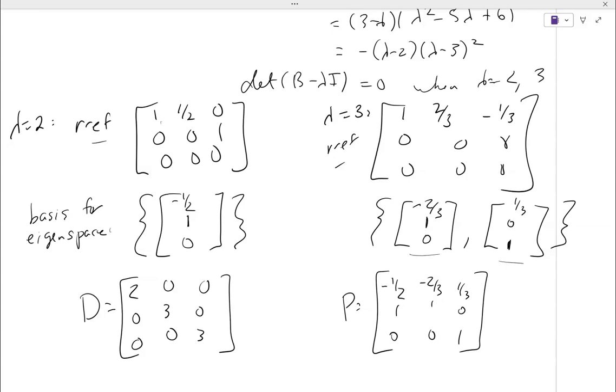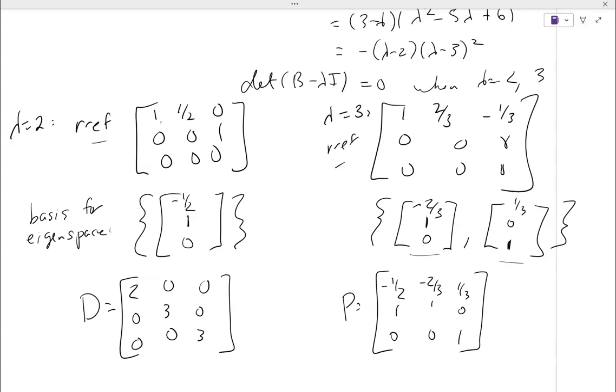As long as you put an associated eigenvector in the same column of your P matrix as the eigenvalue for that column, it'll work. So the order doesn't matter as long as you're consistent from one matrix to the next. Does that make sense? For example, your diagonal matrix could have been 3, 2, 3.